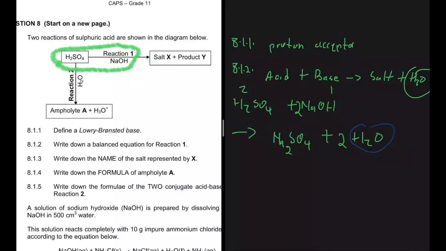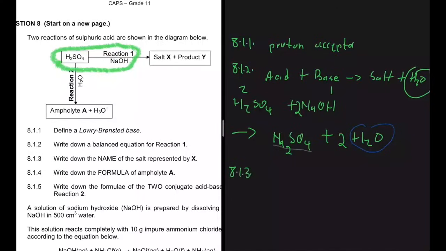We can look at S. We have 1 S here, we have 1 S here, so that is balanced. And then let's look at the oxygens. We have 6 oxygens on the left hand side, and on the right hand side we also have 6 oxygens. So it seems like all is well, and we can move to 8.1.3.